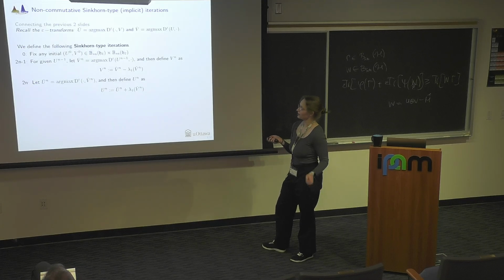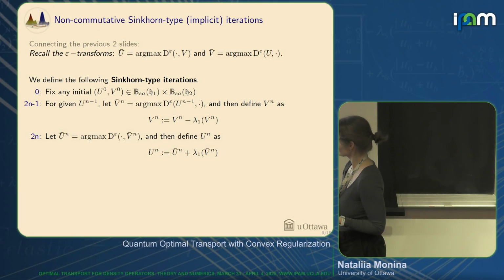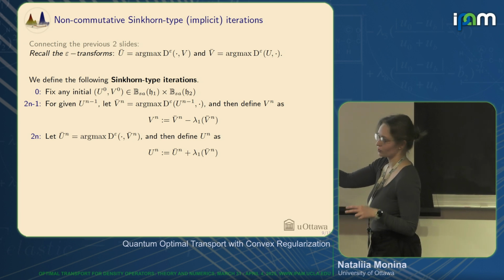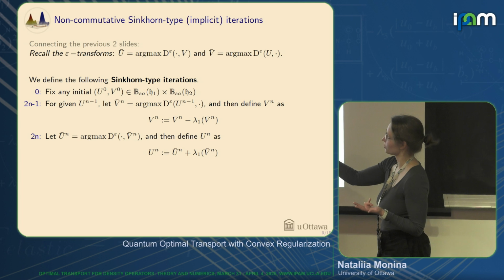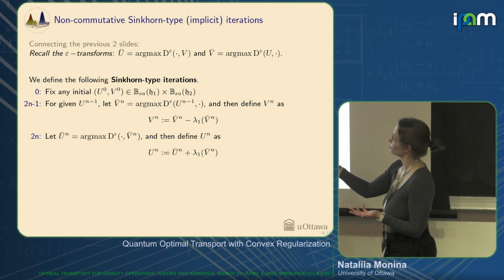All right, so here we can define these so-called Sinkhorn-type iterations. By this, I mean that we want to define it through argmaxes, but it's not enough, because we want to show that this sequence will converge. And if we want it to converge, we first need to do the argmax, and then recenter it by some constant.